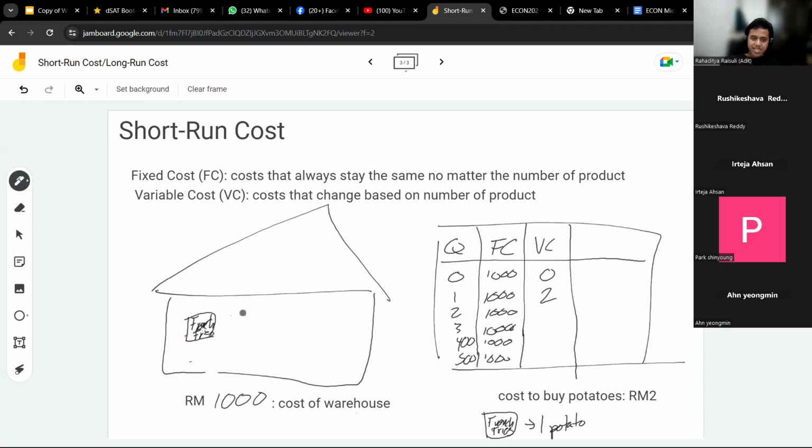If I want to make two, then I need to buy 4 ringgit worth of potatoes. Three, 6 ringgit, and so forth. For 400, it would be 400 times 2, so 800 ringgit to buy all the potatoes. The key point here is that your variable cost changes based on the number of products you produce.